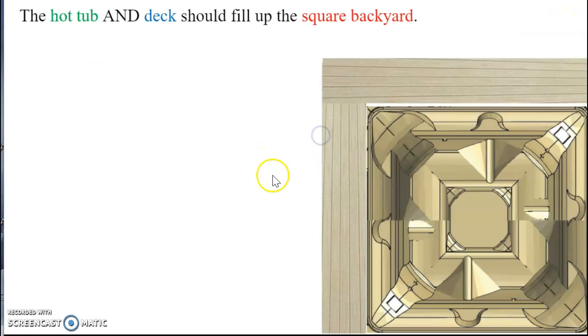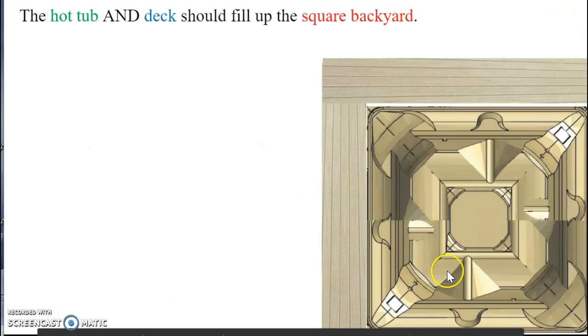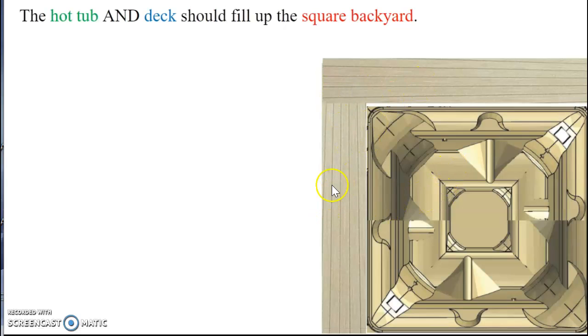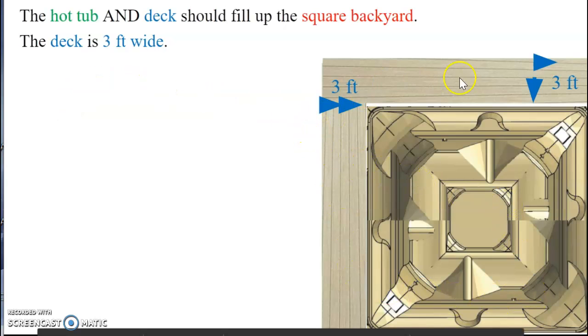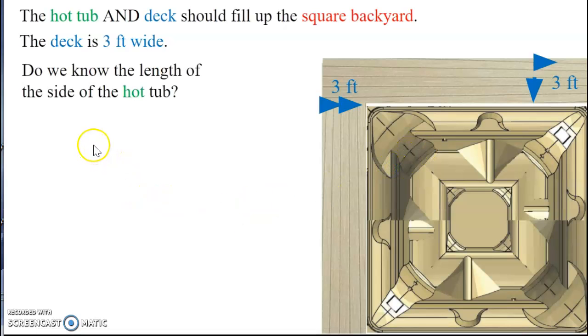Here we go. Hopefully you have a picture of a hot tub with the deck surrounding 2 of the sides only, not the 3rd and 4th side. We know it is a square in shape, and the deck has a width of 3 feet. Do we know the length of the side of the hot tub?